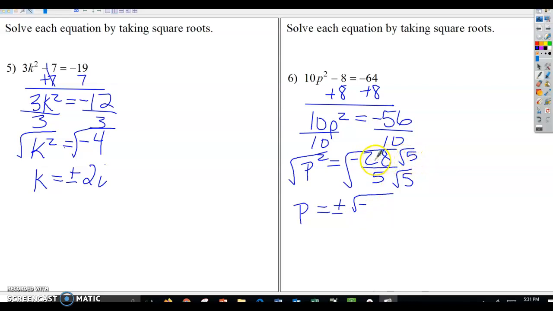I know that's 140. All right, 5 times 5 is 25. Square root of 25 is just 5. All right, so I need to see if there's a perfect square in 140. Let's see, 4 goes into 140.